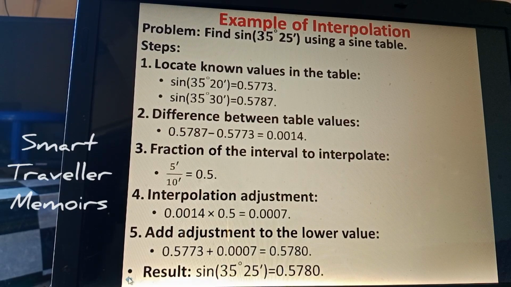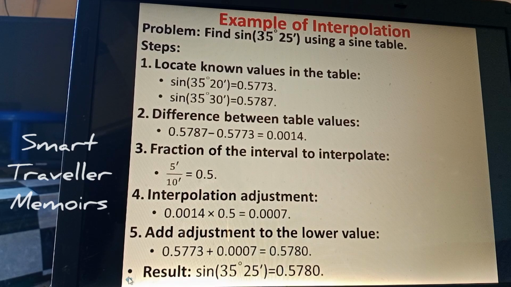Guys, there is something I've forgotten to tell whoever is concerned. The fraction of the interval to interpolate. The 5 minutes are the difference between the two values we have picked.